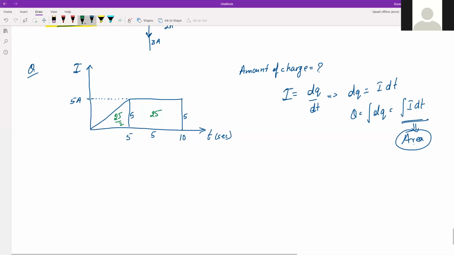So total charge will be equal to 25 plus 25 by 2, that is 25 plus 12.5, or 37.5 coulombs. So that's how you can solve questions based on this, which is the basic definition of current.